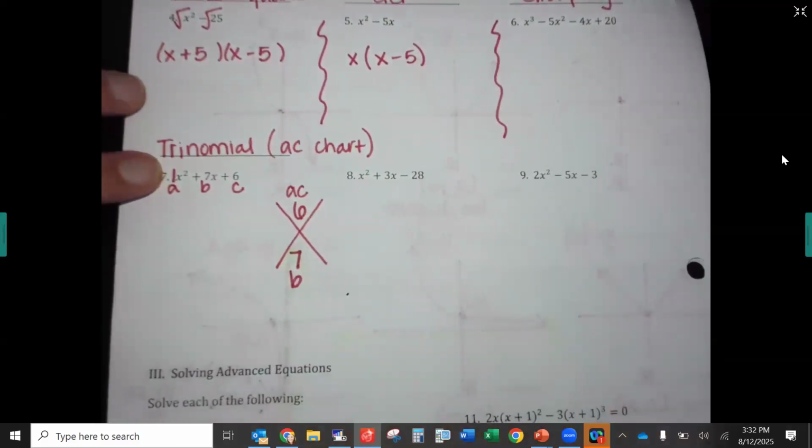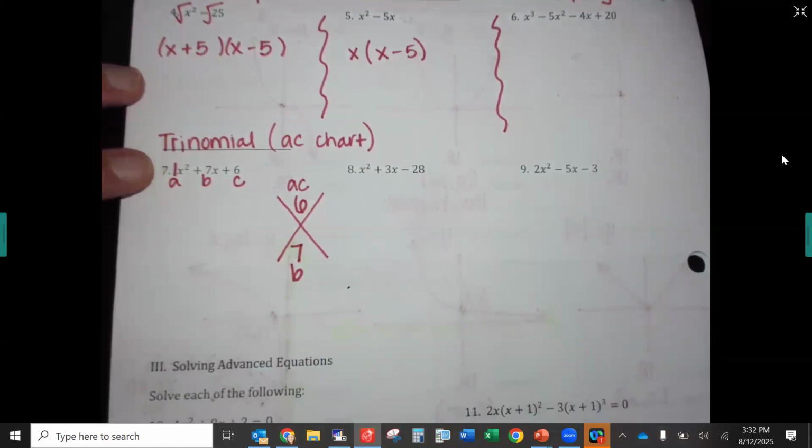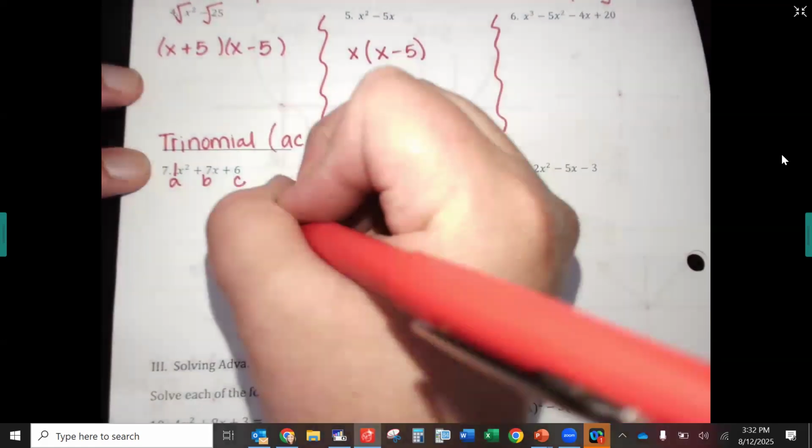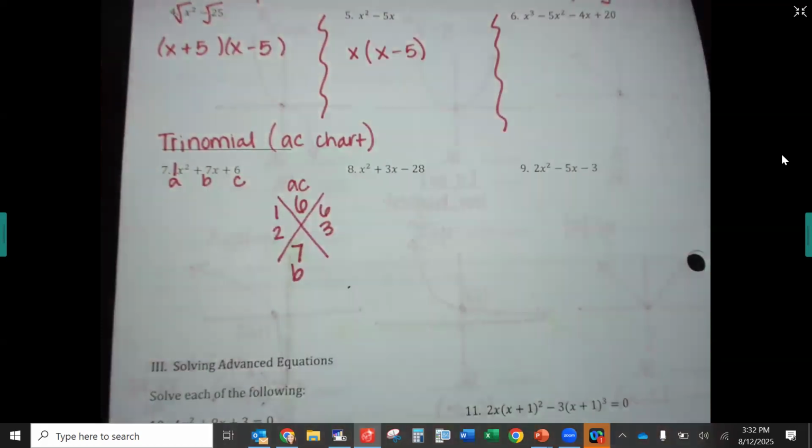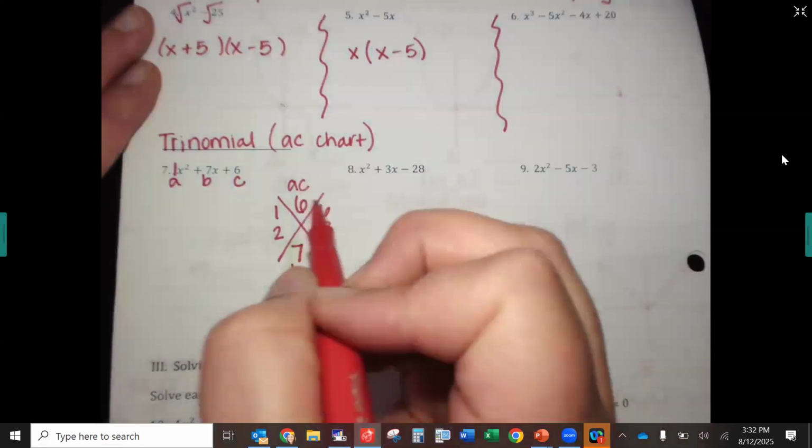Then I want to list all of the factors that will multiply to the AC number. So if I want to multiply to 6, I could do 1 times 6 or 2 times 3. And then out of those choices, I'm looking for the ones that add to that basement number. So 1 and 6 are going to add to 7.